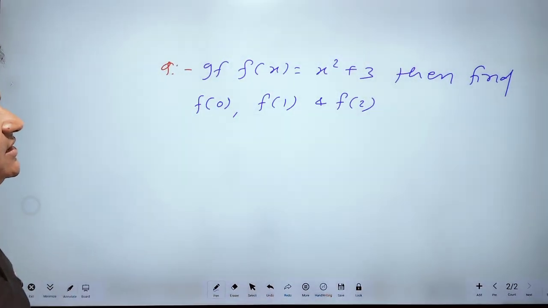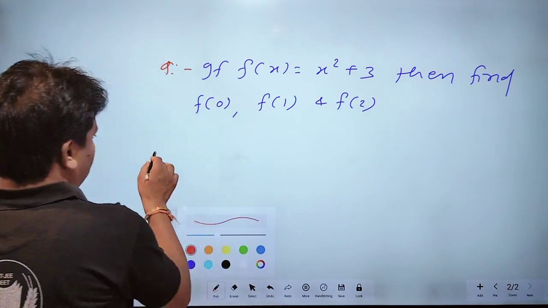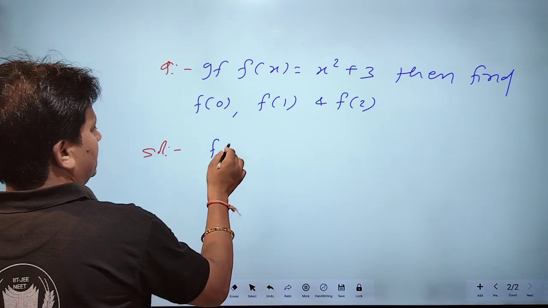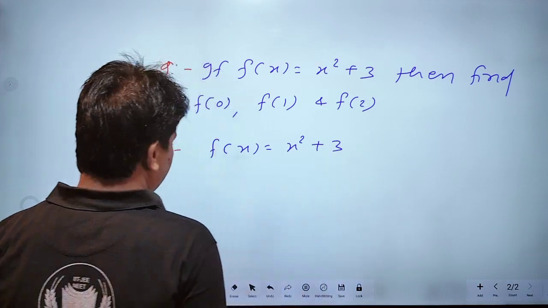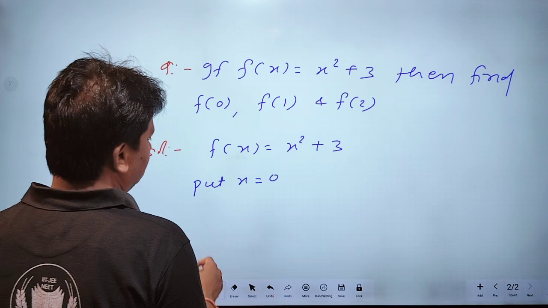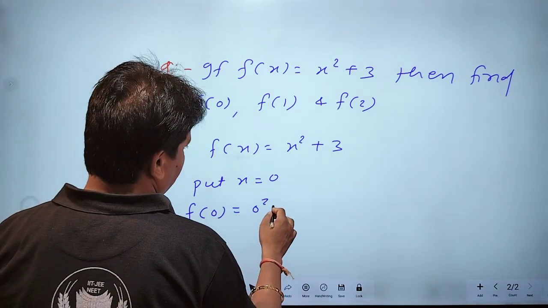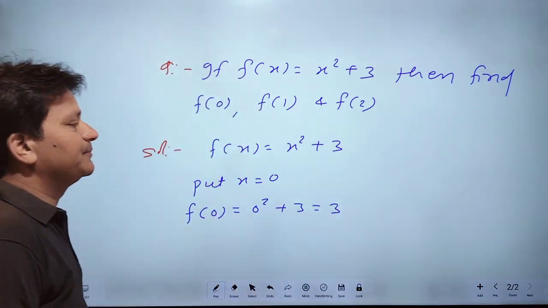Here f(x) is given, then we have to find f(0), f(1), f(2). Here expression is given as f(x) is equal to x square plus 3. Put x is equal to 0. Then f(0) should be equal to 0 square plus 3, which means 3. Okay.